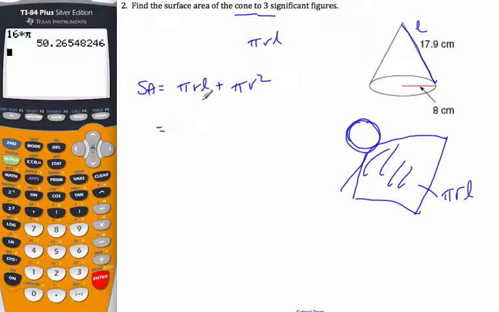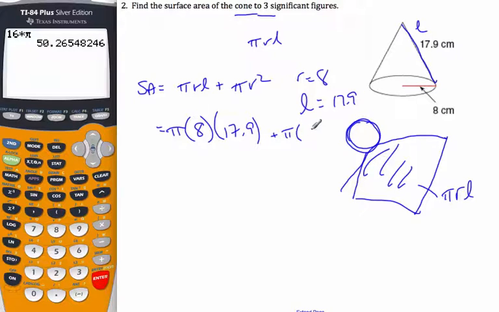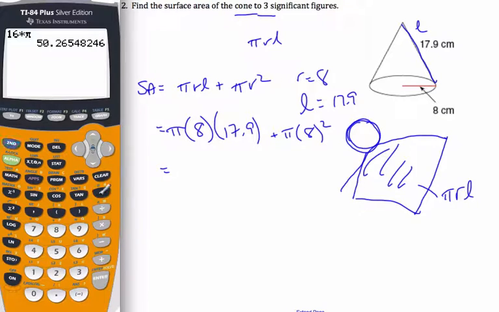Then it's just a matter of plugging my values in. What's r in this case? 8. And L is 17.9. Okay, plug it in and I get pi times 8 times 17.9 plus pi times 8 squared. I'm a big fan of writing the formula and this step out here. This is the thinking step. At this point, I can just throw it in my calculator because I want 3 significant figures.